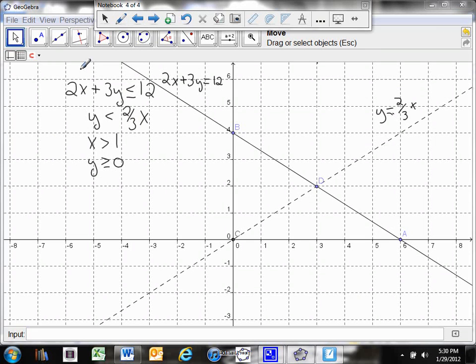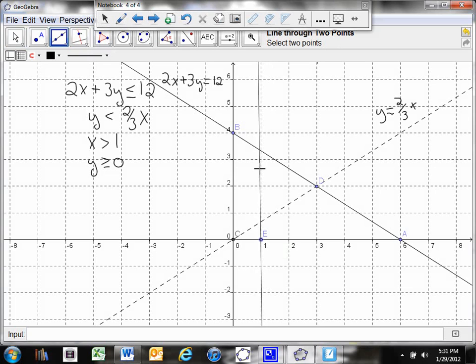Now my next line is going to be x is equal to 1. When you do x is equal to 1, that's a vertical line, so you cross the x-axis at 1. I'm going to click in right there. I guess I better get my line tool first. I click in right there, and then I just go vertically to any other point, just so I get a vertical line.